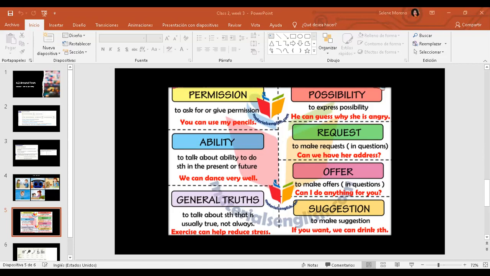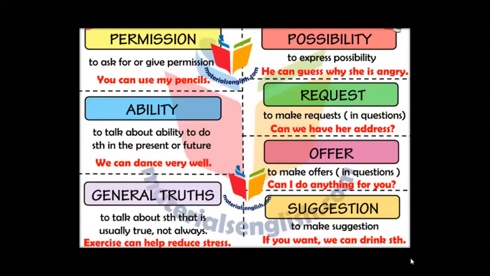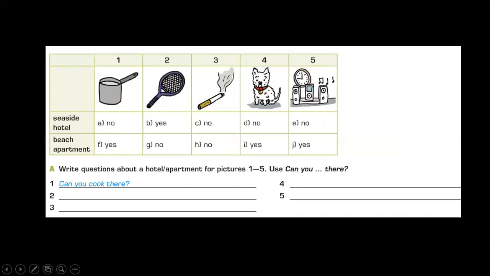Okay, so now let's go back to the presentation. So vamos ahora a hacer, we're gonna go and practice. So here it says, write questions about a hotel or apartment for the pictures. Can you, there, right? Por ejemplo, ¿qué van a hacer?